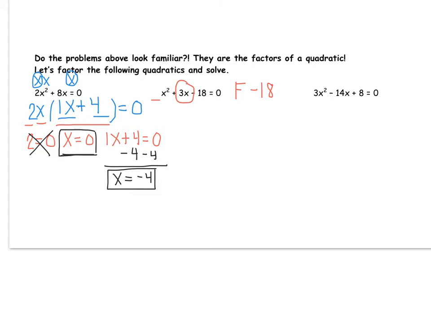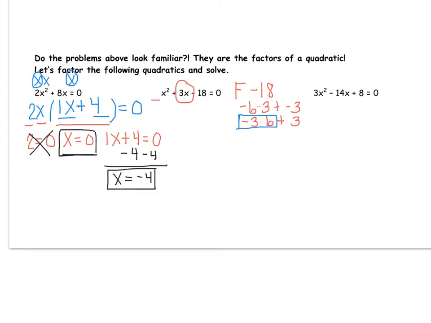So we have negative 6 times 3. Well, when I add those together, I get negative 3. How about negative 3 times 6? Well, when I add those together, I get positive 3. So this is the pair that I want right here.